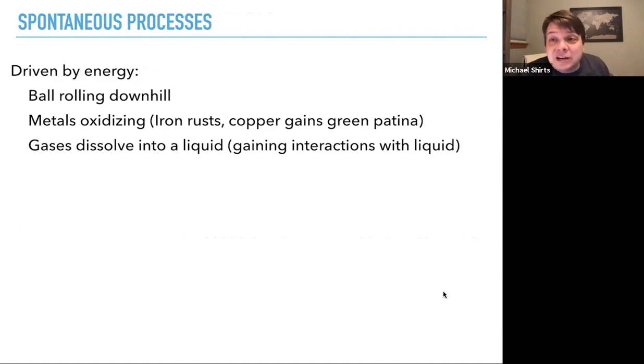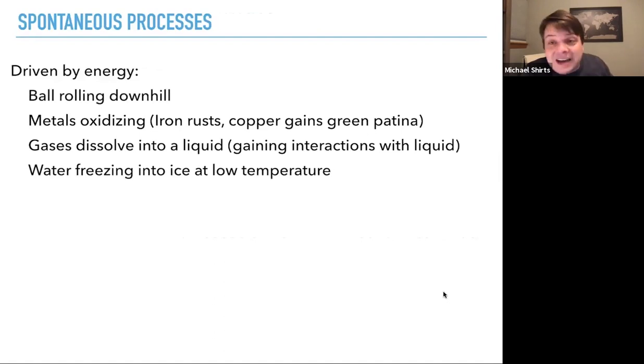Gases dissolving into liquid, right? They don't have interactions outside, but when they interact with the liquid, they gain interactions. Water freezing into ice at low temperature happens spontaneously because of the ability to form hydrogen bonds.